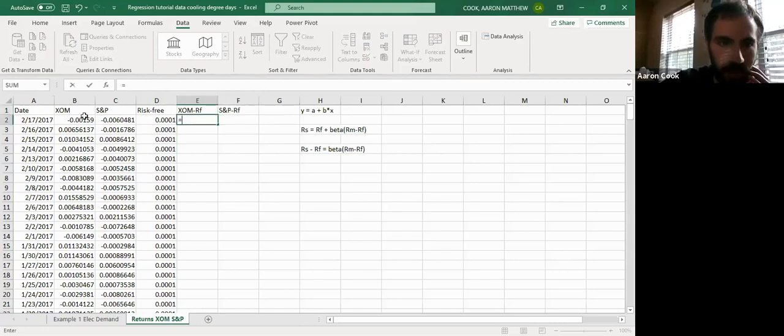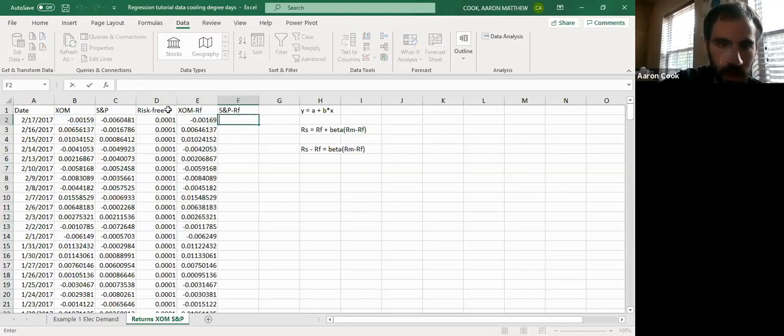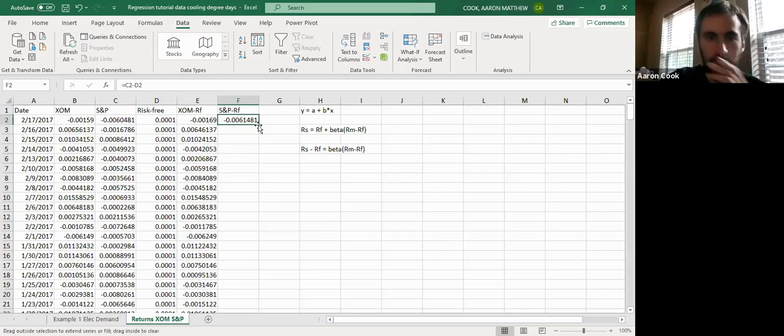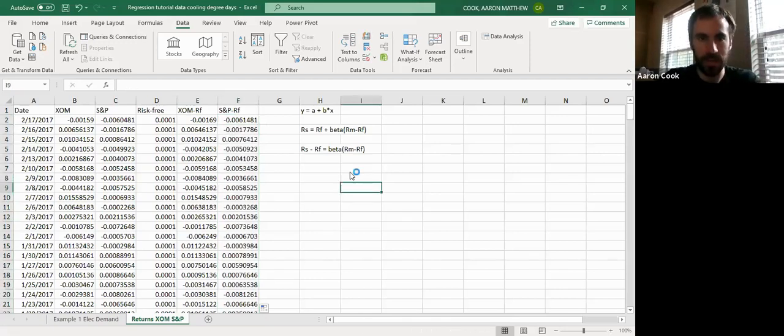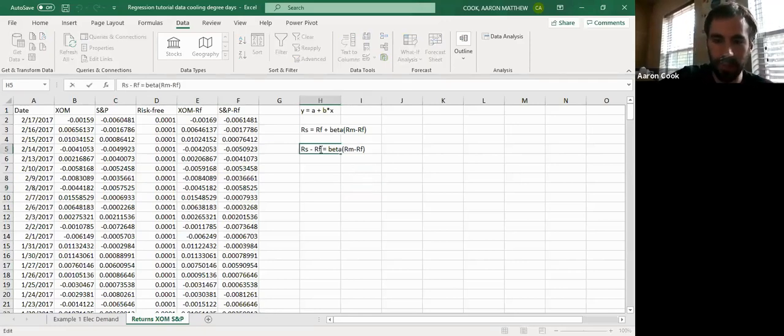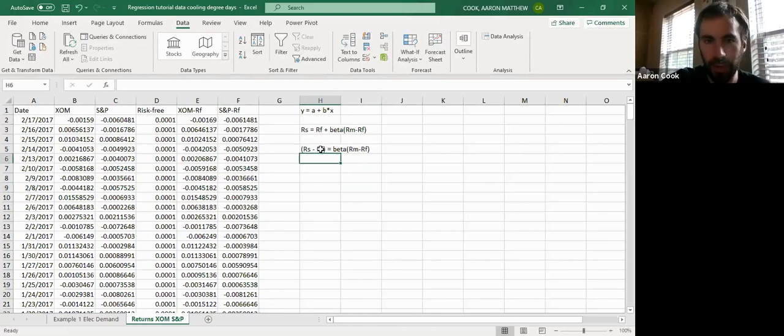Those returns are given by the returns on that day minus the risk-free rate. So we're going to generate a new variable. This is going to be the actual X and Y that go into our regression for the capital asset pricing model: XOM minus the risk-free rate, which is on the left-hand side, and the market returns minus the risk-free rate, which is on the right-hand side.